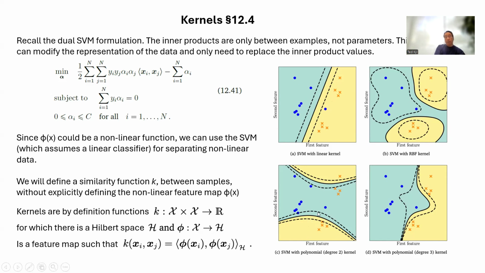Now let's go down here. Here they have a quadratic kernel, and what they've done is transform each x into a quadratic equation. So they have x squared, x and constant terms.